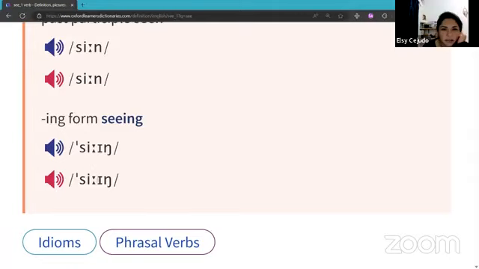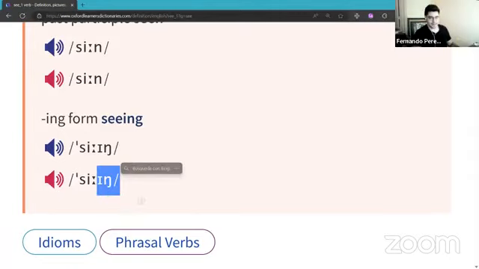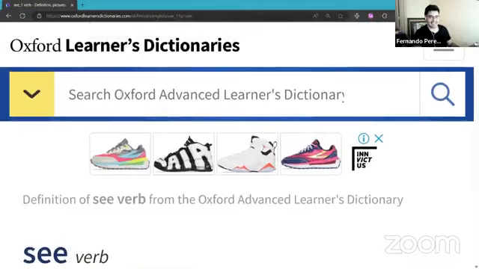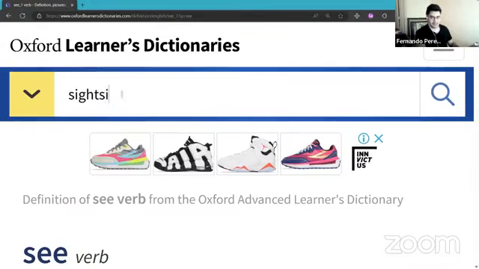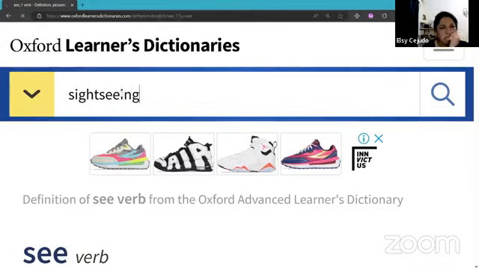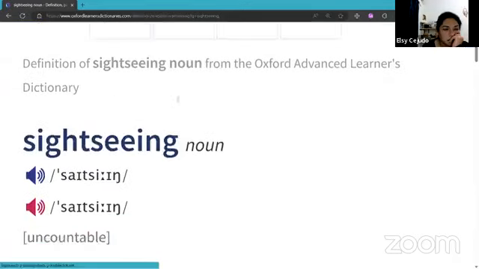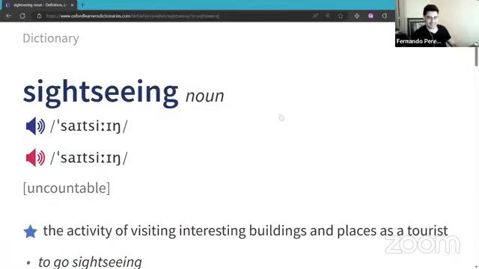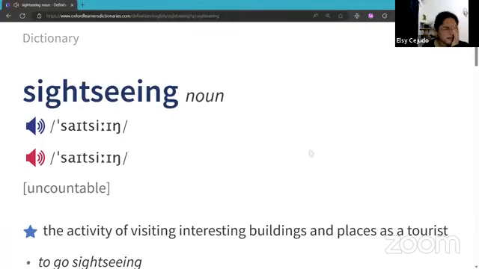Seen. Separate. C-N. C-N, exactly. Together. Sizing. C-N, 3 syllables. Sightseeing. Exactly. Sightseeing.